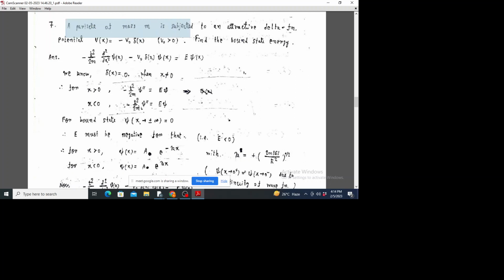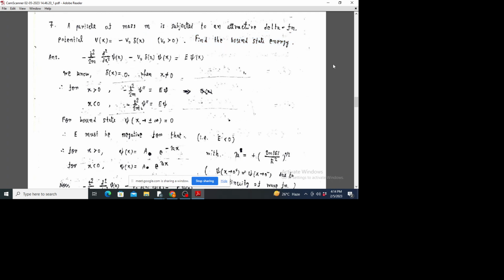So the potential is V of x equal to minus V naught delta x, and V naught is greater than 0. Since V naught is greater than 0, this is attractive. Now find the bound state energy.